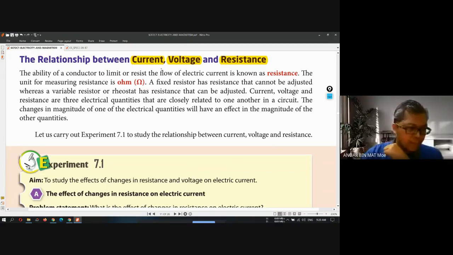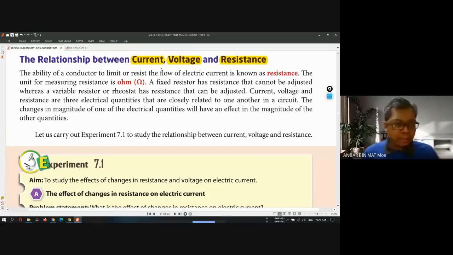And then what is resistance? Resistance is the thing, the material or the device, that resists the current. There are certain materials and devices that use electricity, for example computer, battery, lamp.